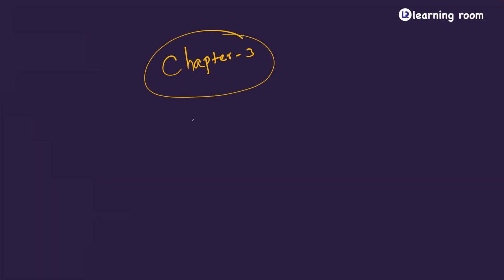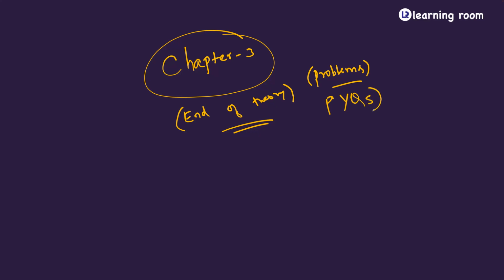This comes to the end of theory. But as I promised, I'll be doing a lot of problems based on this chapter. I'll concentrate a lot on the previous year questions, like how we did for electrostatics. I hope the theory is completely clear to you all.